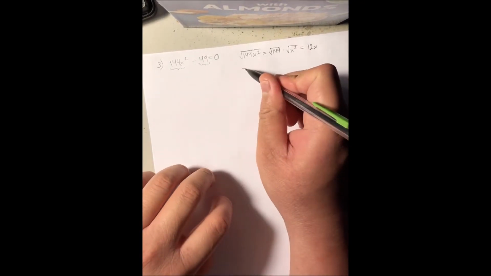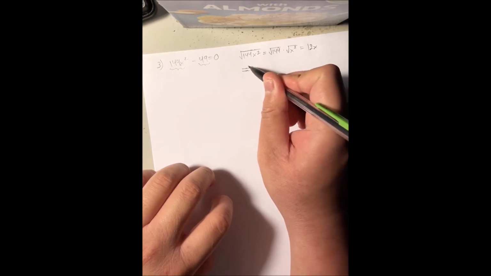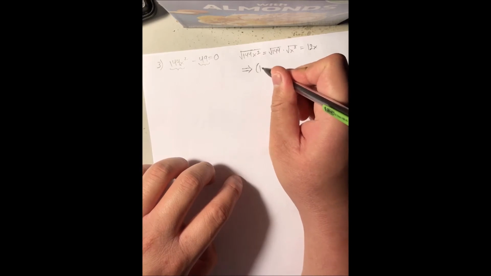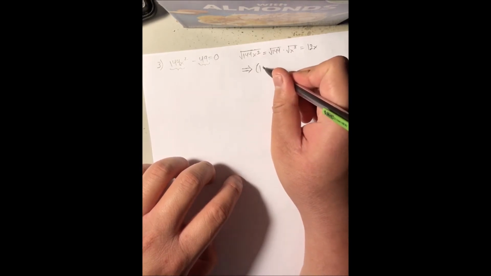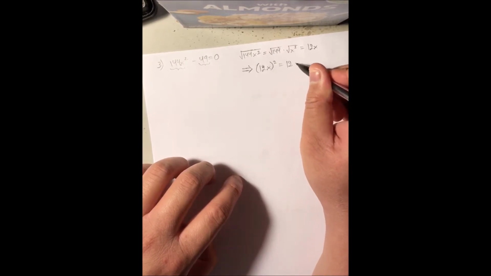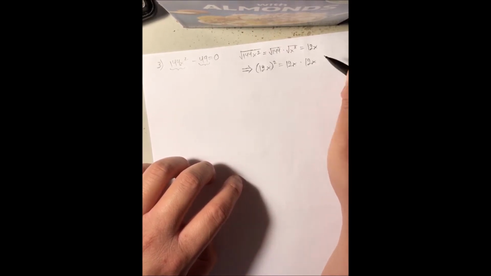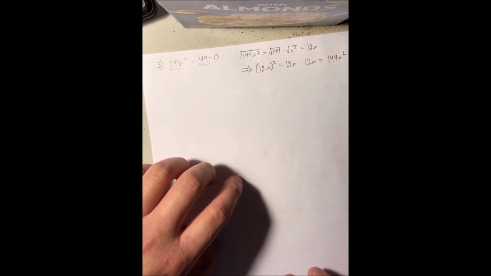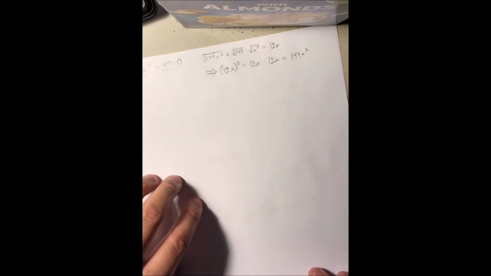So that means 144 times x squared is a perfect square because we have a smaller term, in this case 12x, that multiplies itself 2 times to give us back 144x squared. So that's how we know that 144x squared is a perfect square.